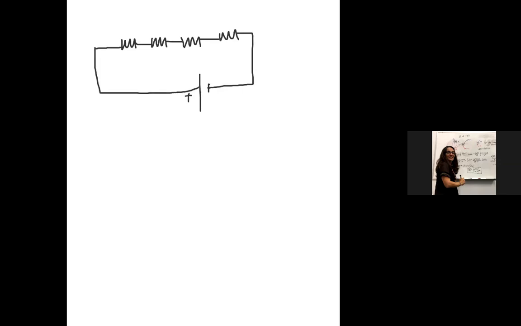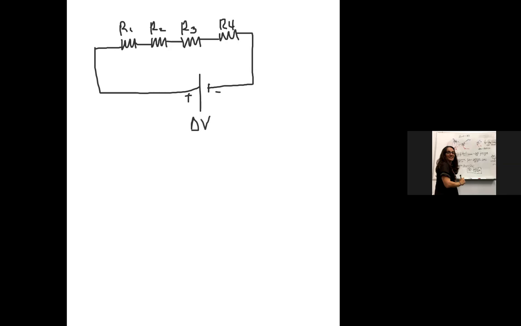What I have is resistor 1, resistor 2, resistor 3, and resistor 4, all in series, coming back to a battery with a positive and a negative. So we've got R1, R2, R3, R4, and we have our battery here.